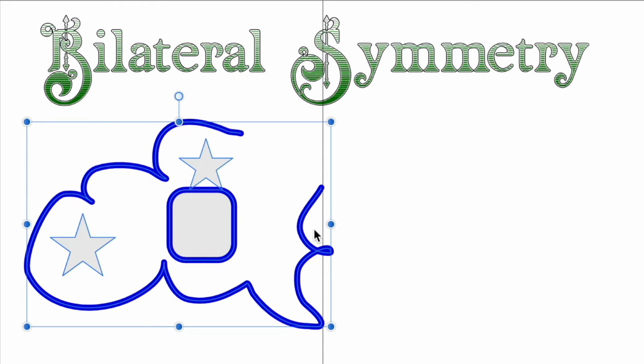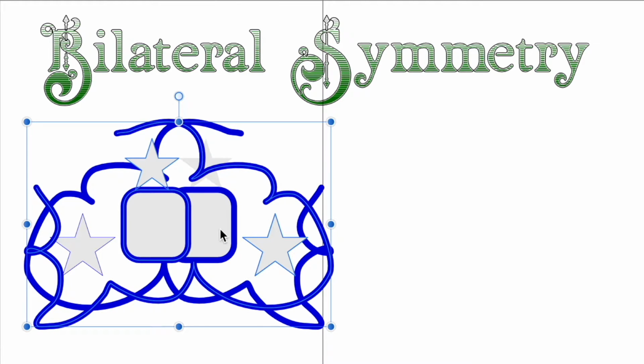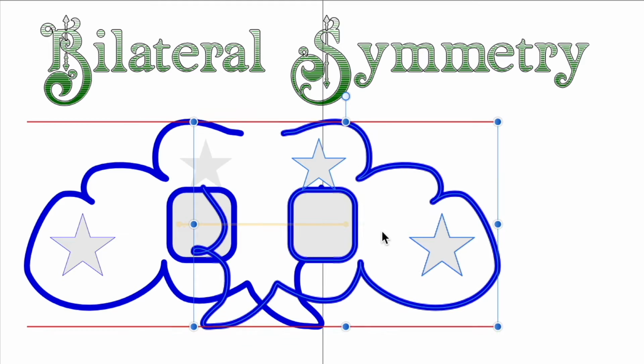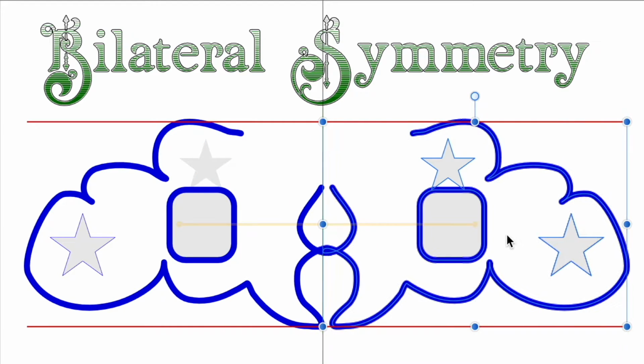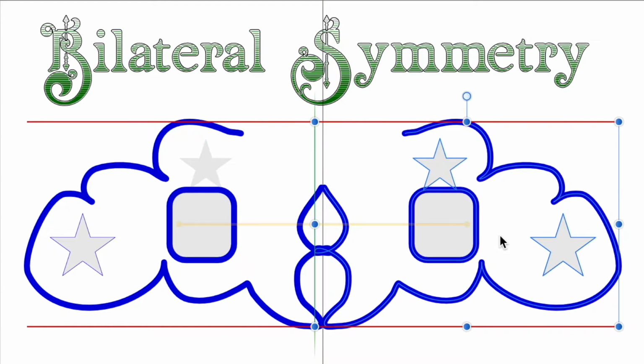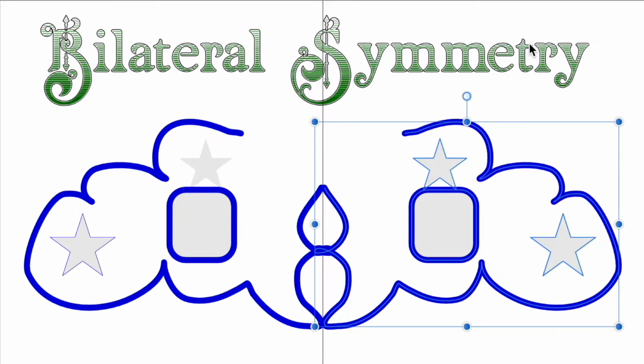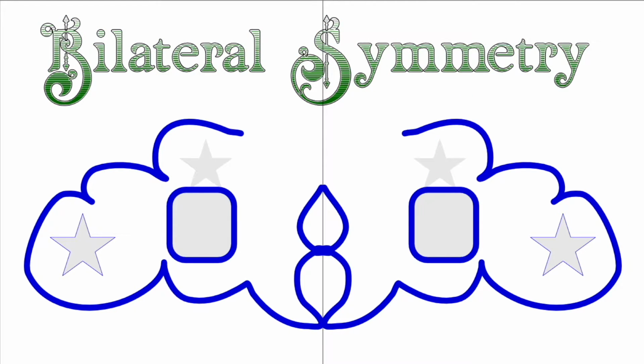We can copy it, we can paste it, we can reflect it, and then move it over and make a bigger shape. So this is bilateral symmetry, left-right symmetry.